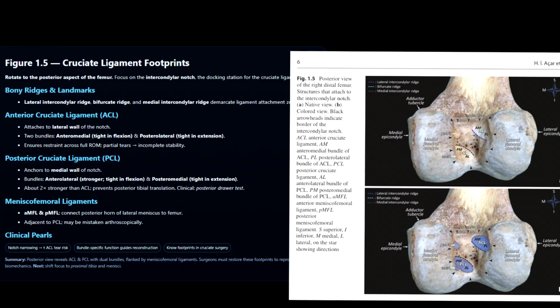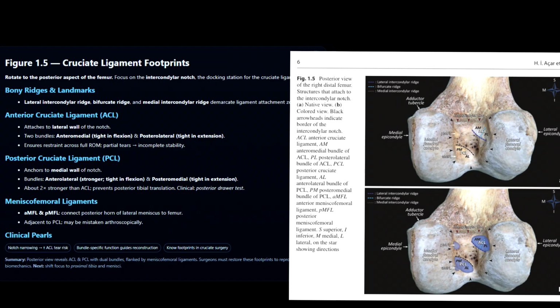This dual bundle arrangement ensures that the ACL provides continuous restraint against anterior tibial translation throughout the knee's range of motion. That's why when one bundle is torn but the other remains, patients may still feel some stability, though never complete.